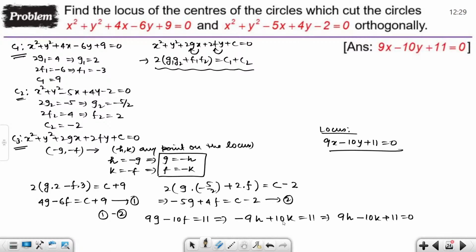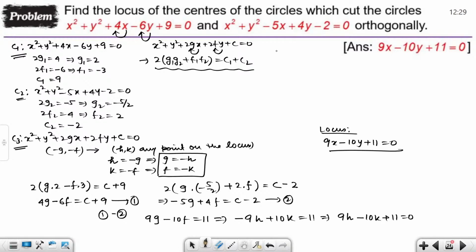Because our center is always (minus g1, minus f1), students get confused about what the values of g1 and f1 should be. There should not be any confusion, because whatever the coefficient of x is, that is your 2g, and whatever the coefficient of y is, along with the sign, is your 2f. From there you have to find the actual values of g1 and f1.